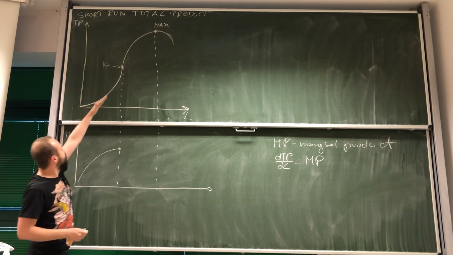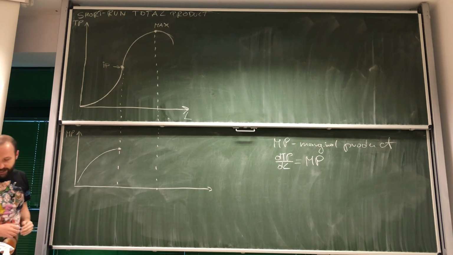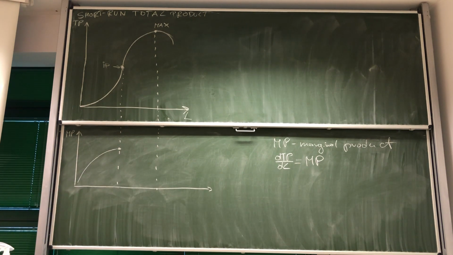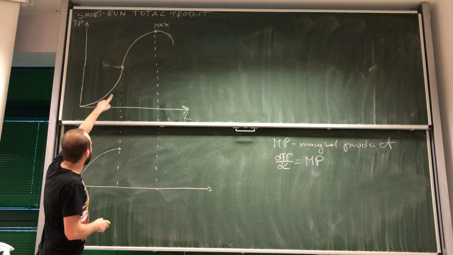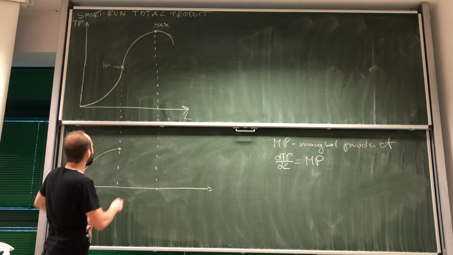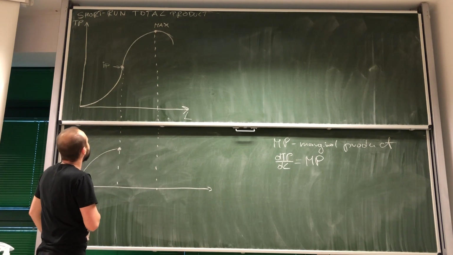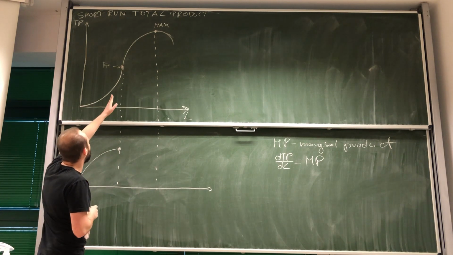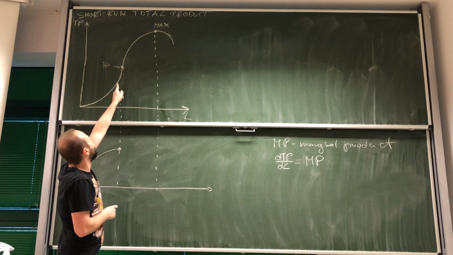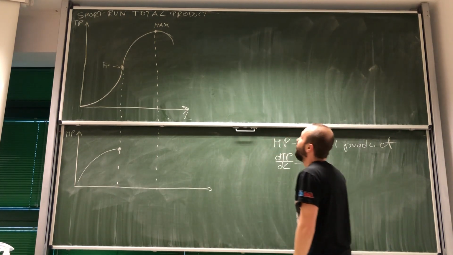So if here the function is getting steeper, marginal product should be getting higher. But here we have an inflection point, right? And what is happening from this point on? The function increases, but less than proportionally.